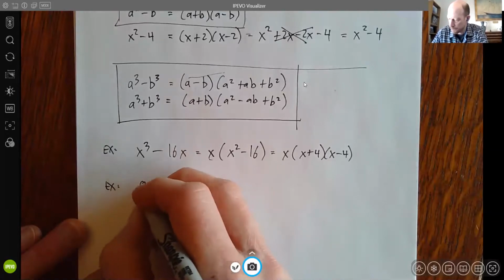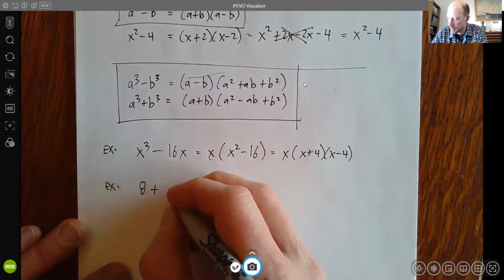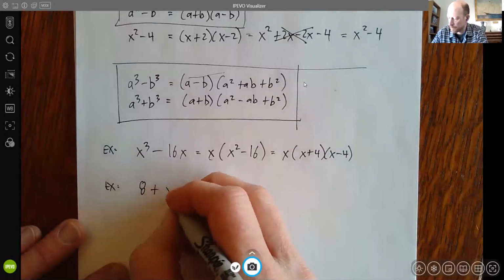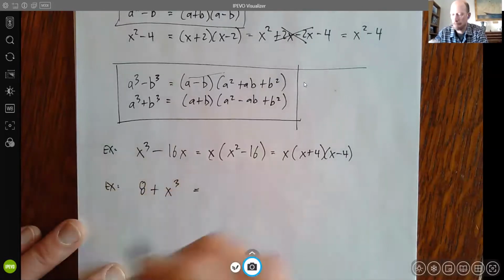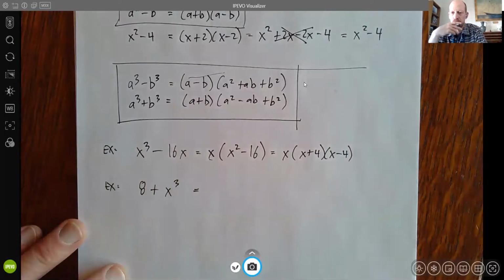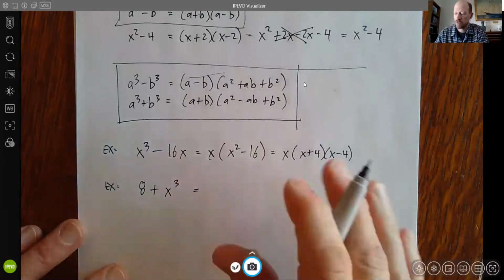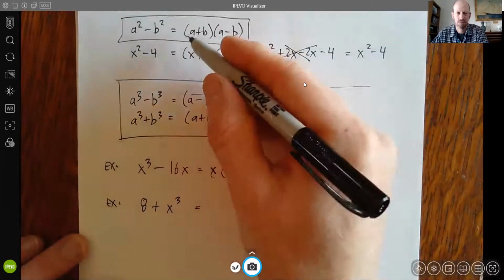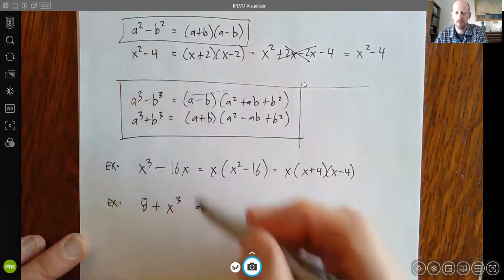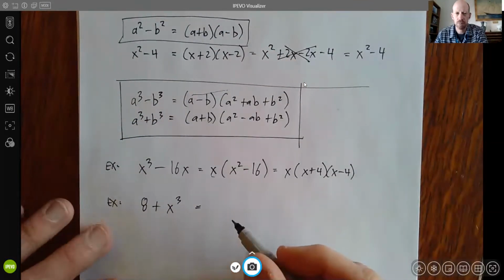How about 8 plus x cubed? So 2 terms, which means we're looking into this type, no GCF.